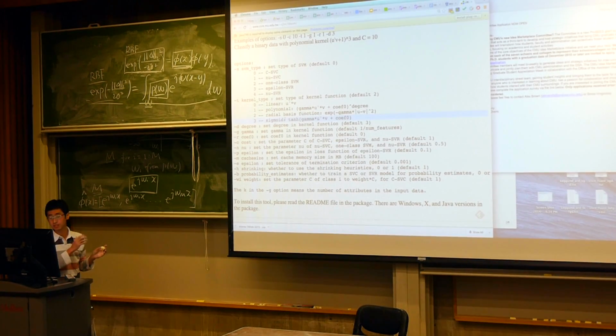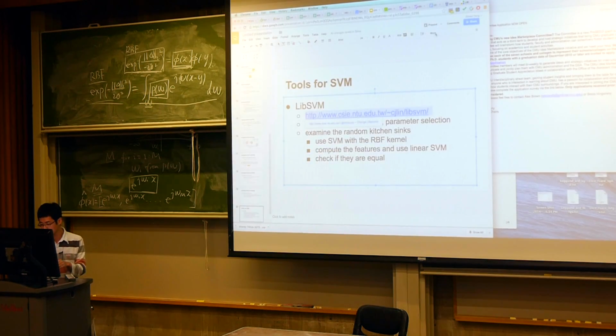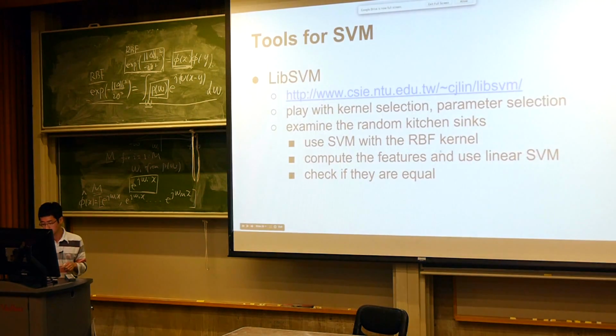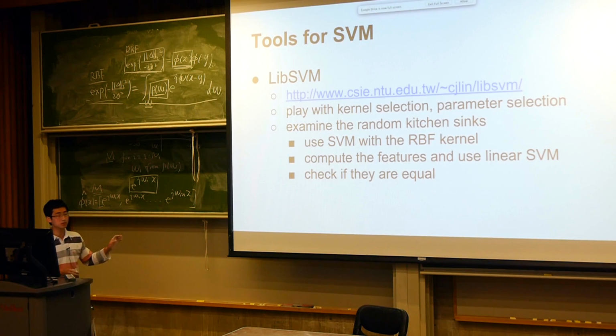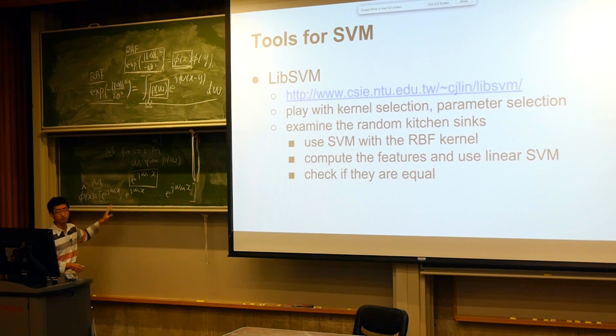You can play around with this software, with the kernel parameter selection. You can also examine random kitchen sinks, which means that you can compute the feature mapping, use it with a linear SVM, and compare it with the original RBF kernel SVM to see if they are equal to each other. You can verify this.